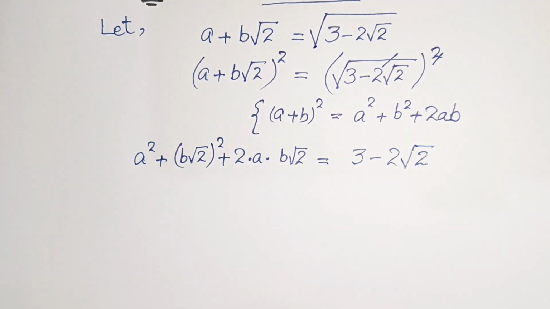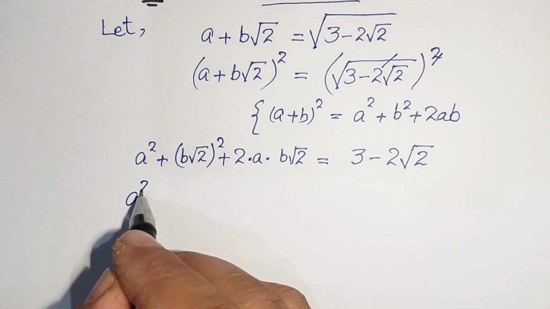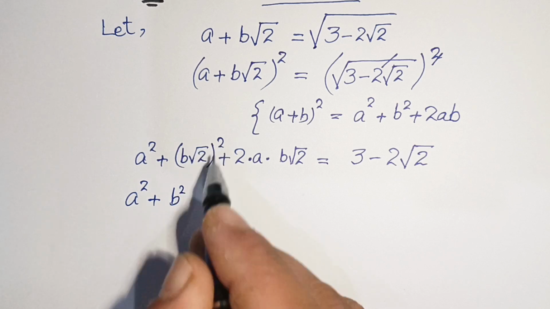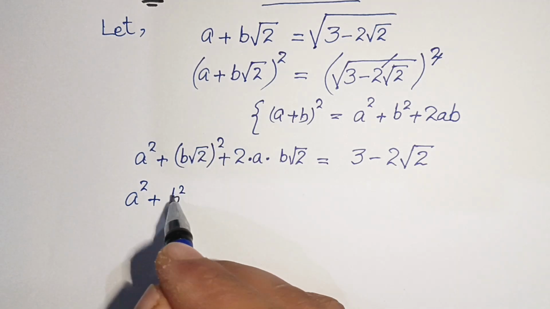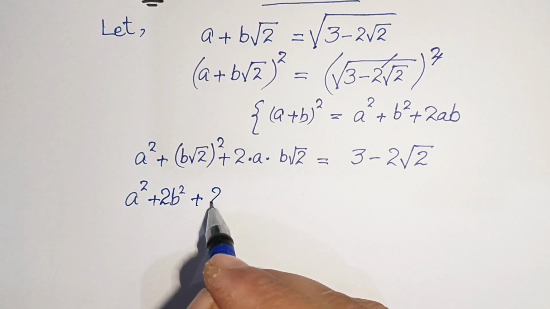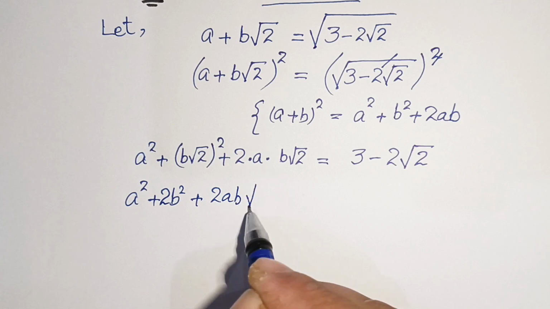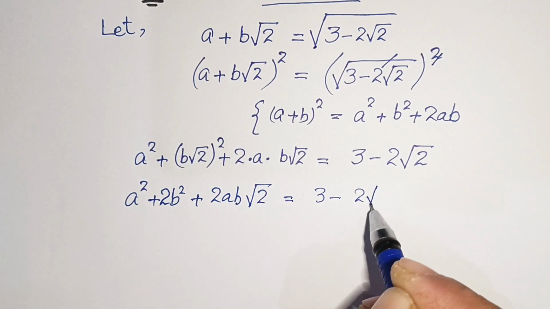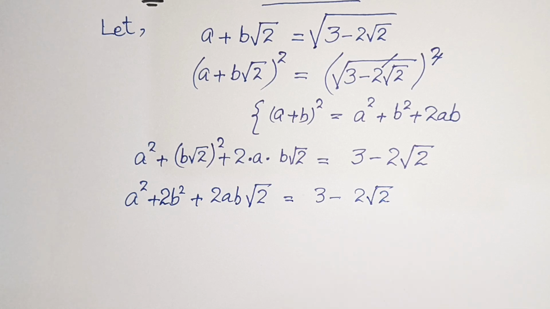Now our next step will be a squared plus b squared, and this square root is cancelled out with the square, we get only 2, so we write 2b squared, plus 2 times a times b times square root of 2, is equal to 3 minus 2 times square root of 2.